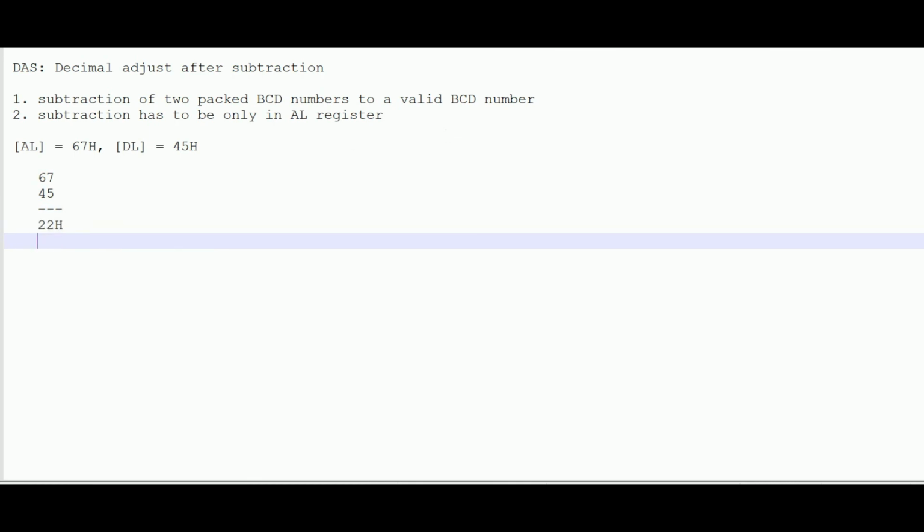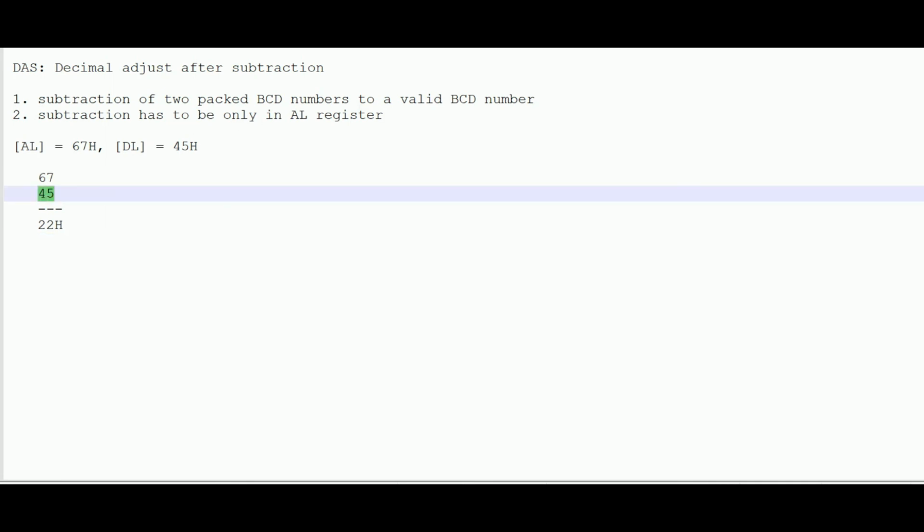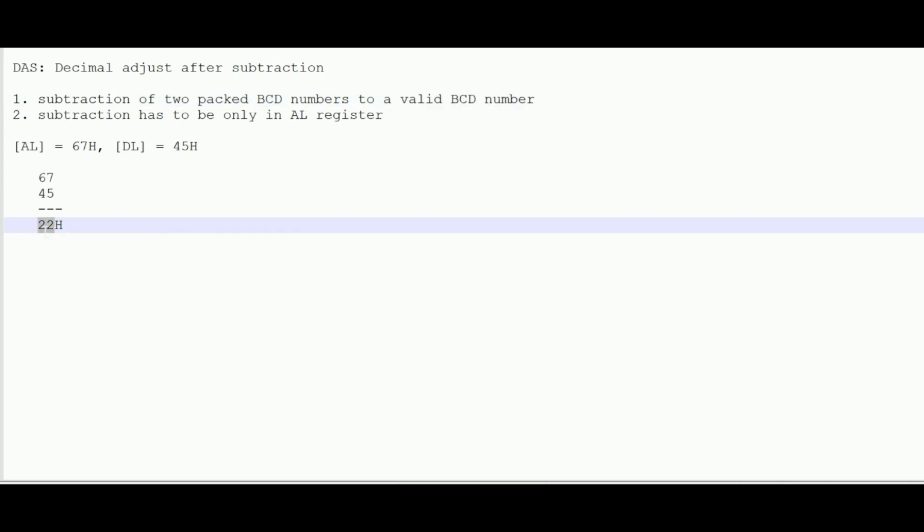The instruction DAS is executed after subtraction, so first the instruction will be SUB AL, DL, and after that DAS. When DAS is executed, it will check whether it is a subtraction of two packed BCD numbers, 67 and 45, and whether the end result is a valid BCD number or not. Here the end result is 22.